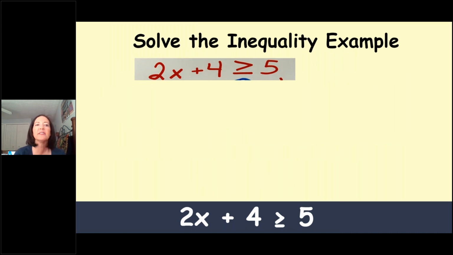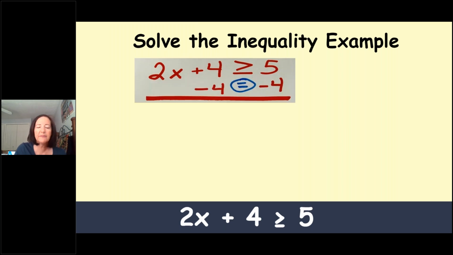Okay, so the question said that we were going to solve the inequality. So here's our example. It was 2x plus 4 is greater than or equal to 5. And we have to rewrite it so that x is all by itself on one side of the inequality symbol. So in order to do that, I'm going to need to simplify.